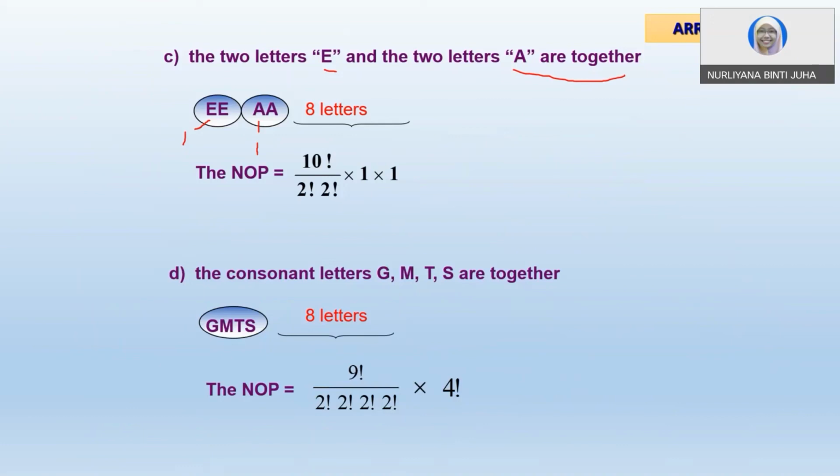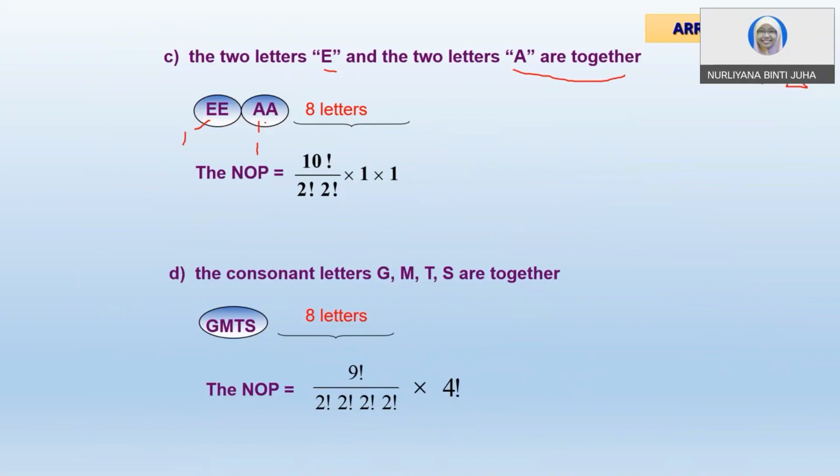We have 12, minus this one, minus lagi ni. Tapi dalam ni ada 4: 1, 2, 3, 4. 12 tolak 4. So, yang tinggal ada 8 huruf lagi. 8 huruf. Tapi this one kita consider sebagai 1 unit.